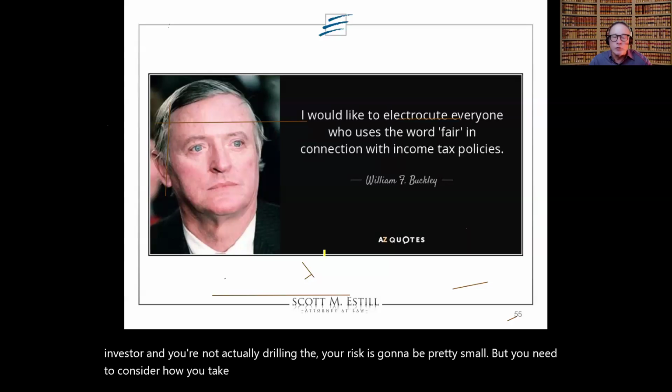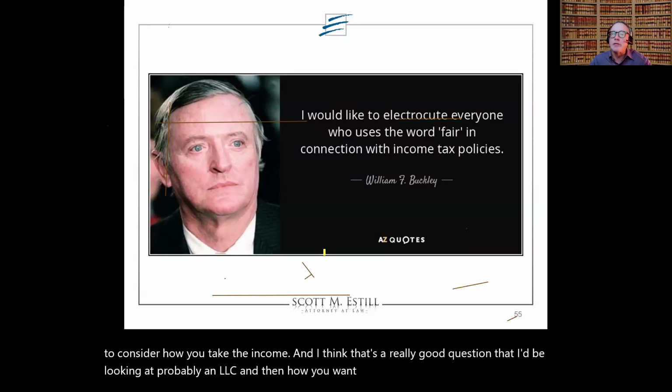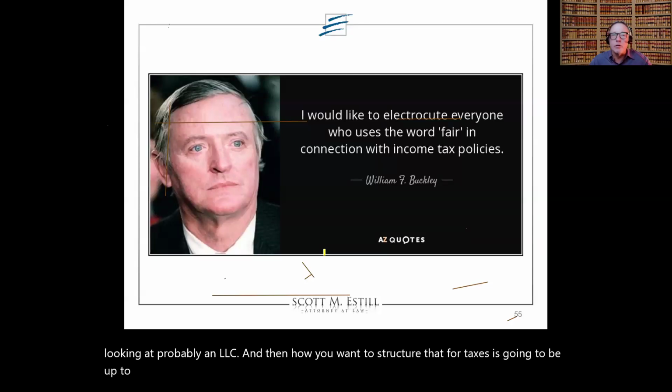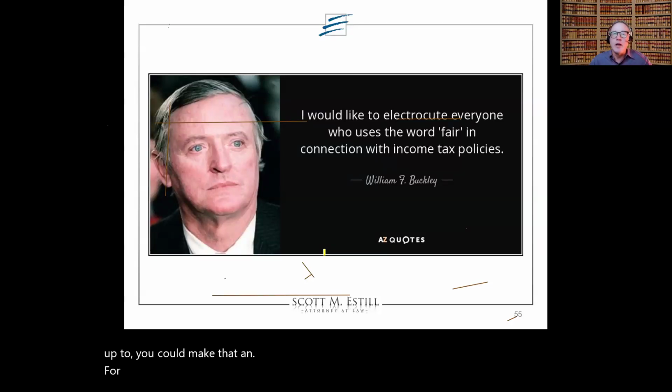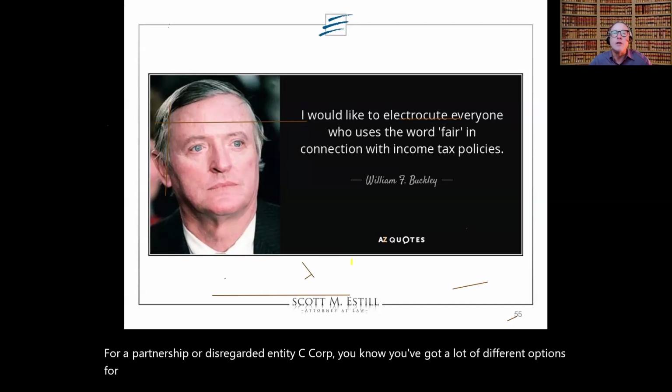I'd be looking at an LLC, and how you want to structure that for taxes is up to you. You could make that an S corp or a partnership or disregarded entity, C corp. You've got a lot of different options for how you tax that LLC.